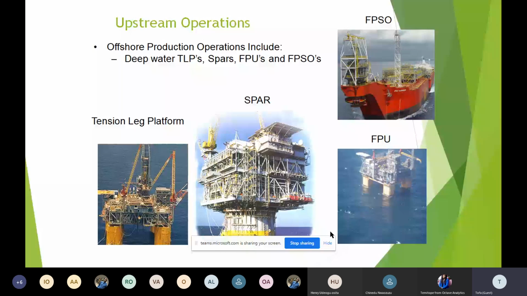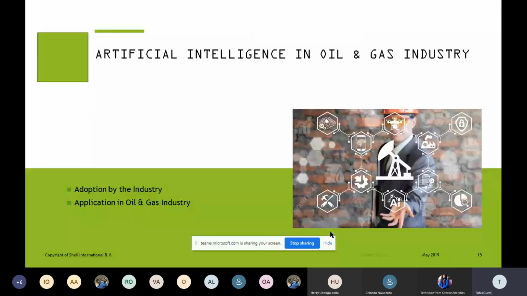Then this brings us to the reason why we are here, data analytics in oil and gas. I struggled a bit putting this together, but I took encouragement because I know in the course of your training with Octave Analytics, with whom also I've had the privilege of doing a training, you would have gotten all the basics of what data analytics is and its constituents.